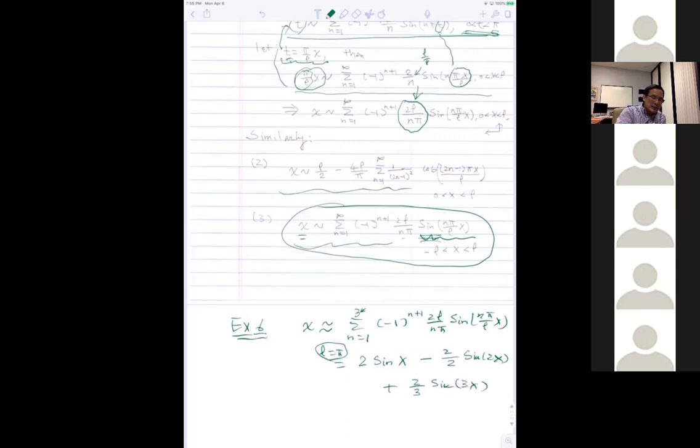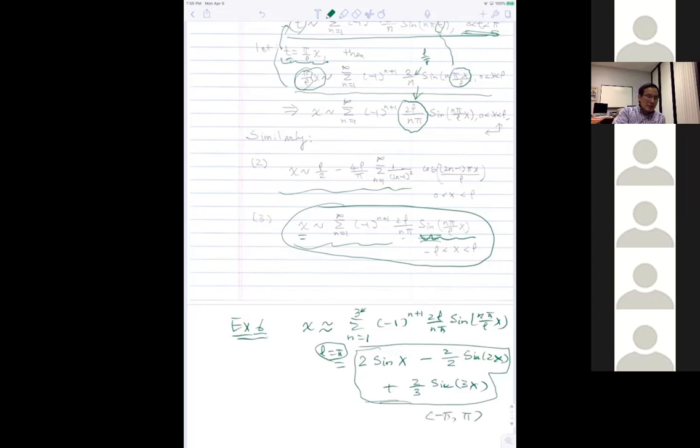So this finite Fourier series is only an approximation. The right-hand side is an approximation to the left-hand side that holds from negative pi to pi.